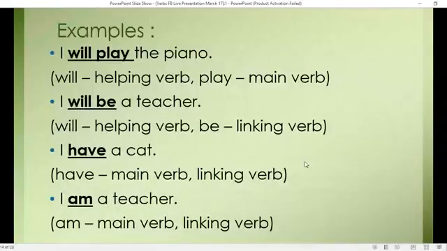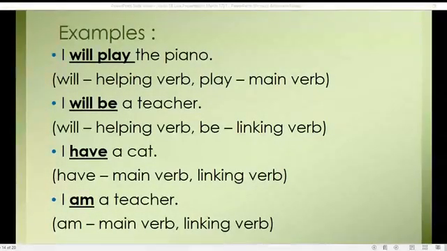So, we have another example. I will play the piano. Will is the helping verb, while play is the main verb. So, as you can see, nag-iiba din siya ng functions. We have already the helping verb and we have the main verb.